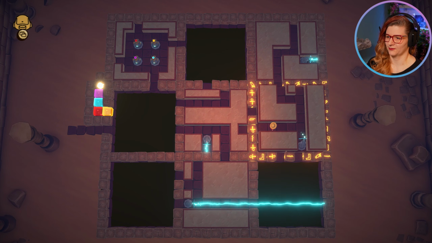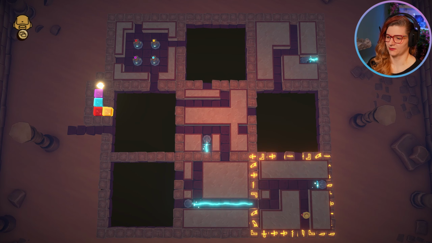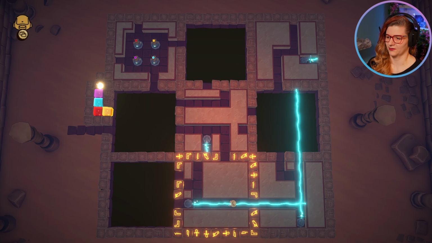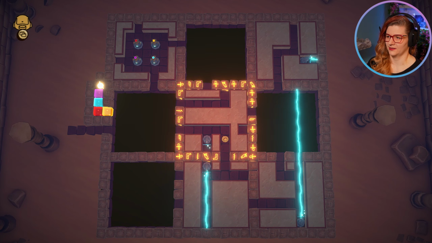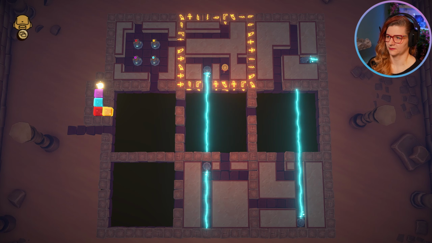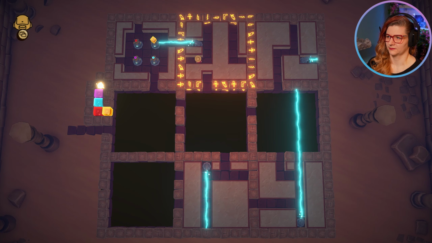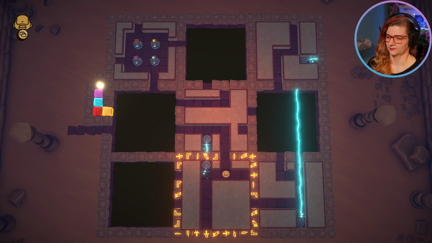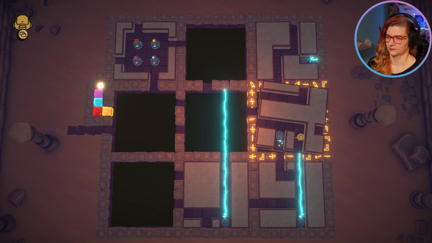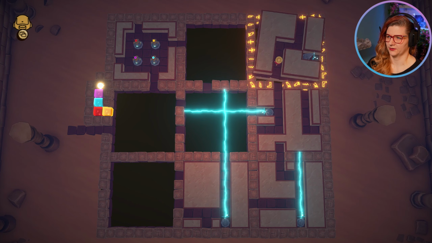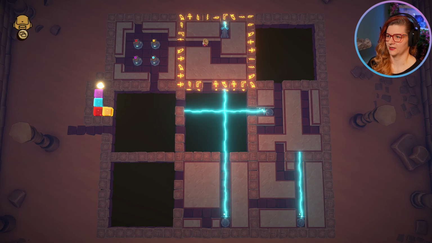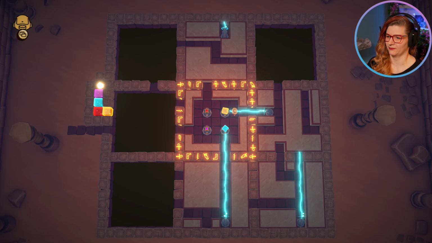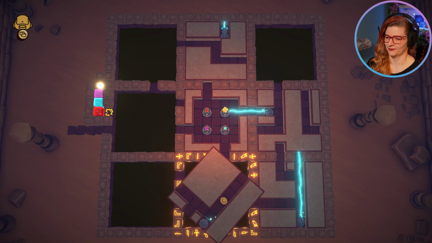So I guess we're going around trying to make connections to get the middle cleared. Okay, but we can't go back like that. If we return here, we can go back to that tile and then we can shuffle it to the middle. So that's a start, but it's not everything yet.